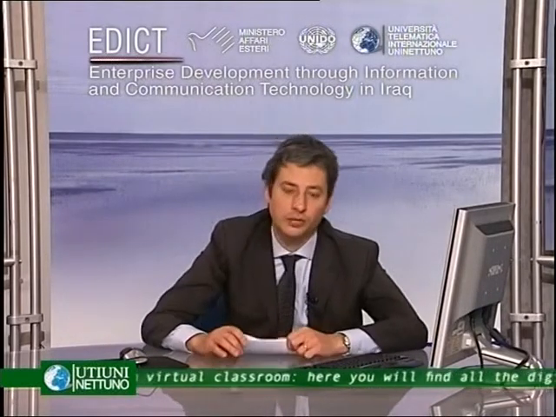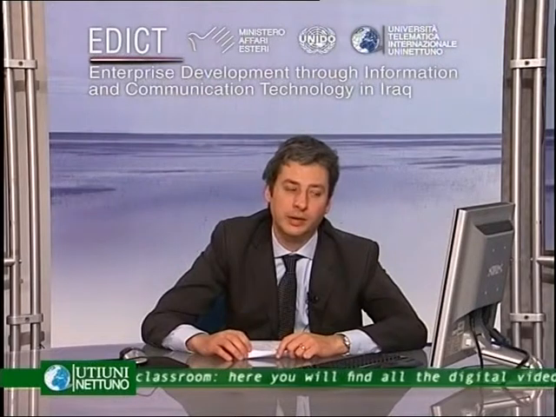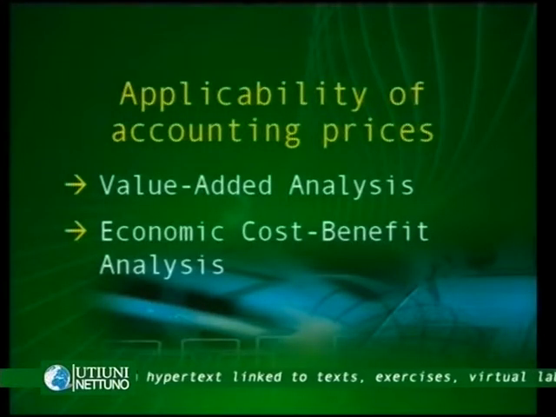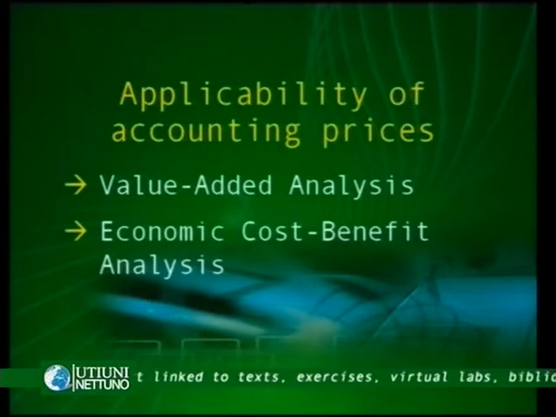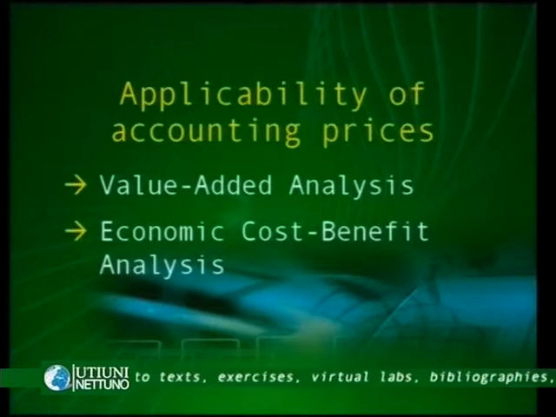Because in this case the shadow price reflects the opportunity cost of the resource, at that point I do not have to worry about the correction of value added as we did in the previous example, but the shadow prices already directly reflect the true economic value of the resources. So at that point accounting prices calculated within the setting of economic cost-benefit analysis can be directly used to determine the net benefit of the project.